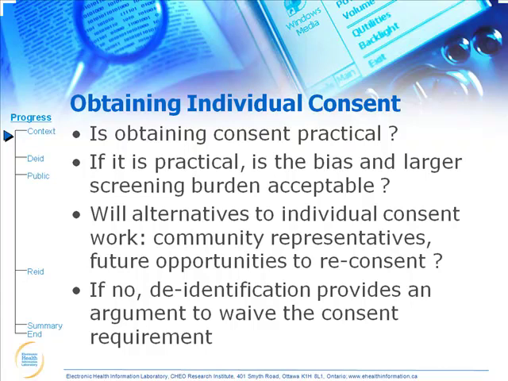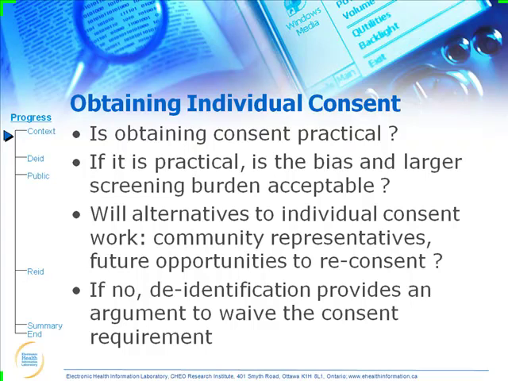Even if it is practical, there's an overwhelming amount of evidence that consenters and non-consenters tend to differ in important demographic and socioeconomic characteristics. There are about 12 variables that we've identified. We did a systematic review of the evidence. This pertains to intervention studies, like clinical trials, but also applies to observational studies where you're just collecting data or using data that's already been collected.